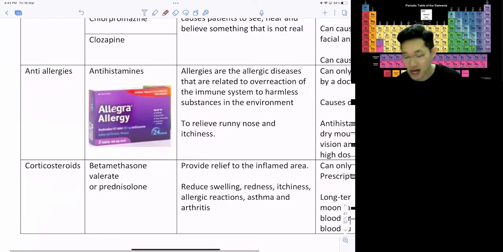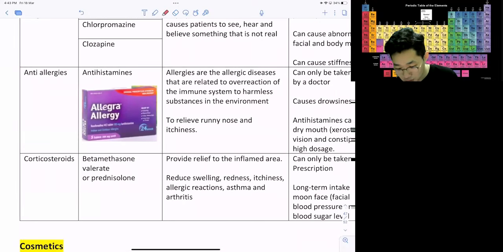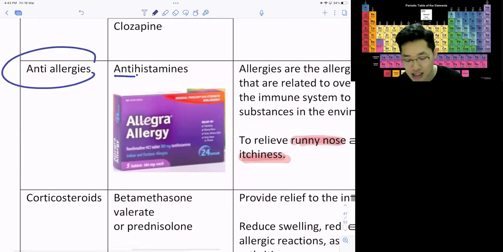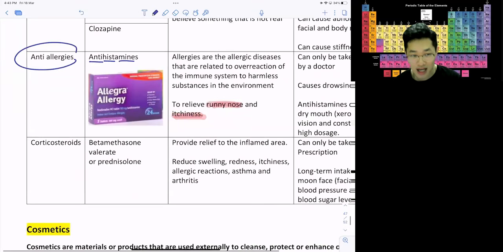Anti-allergies. If you have runny nose, itchiness, or rashes on the skin, we apply anti-allergies, antihistamine. Barbiturates and tranquilizers are synthetic drugs.